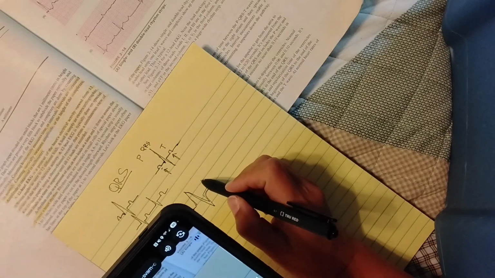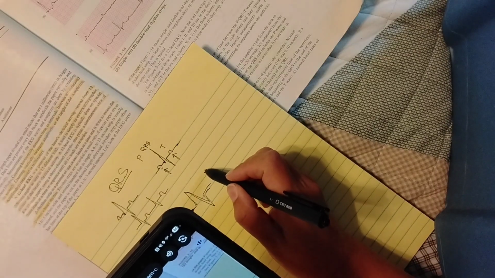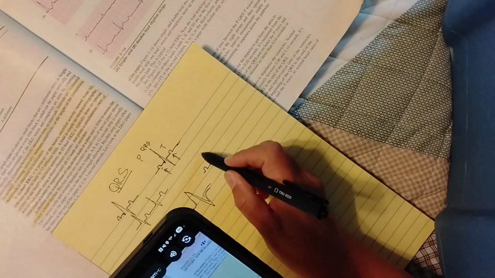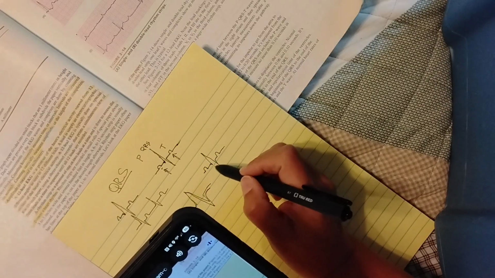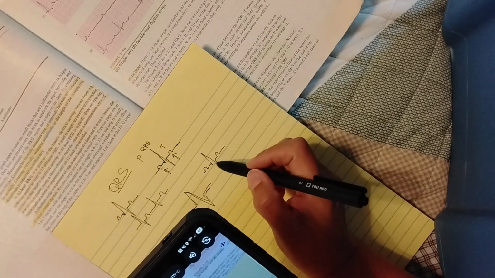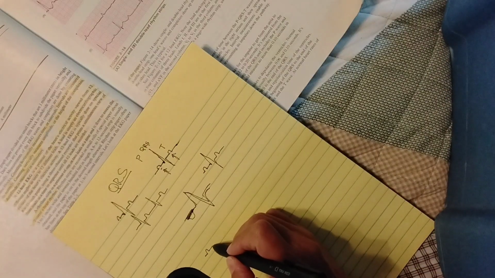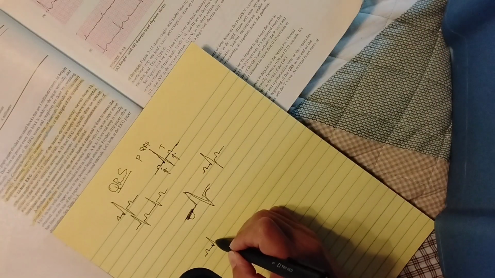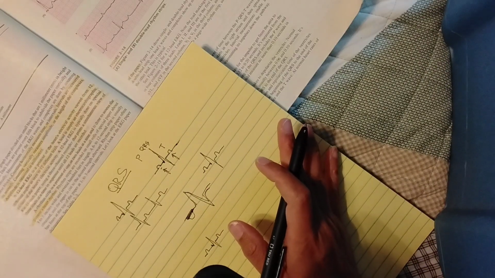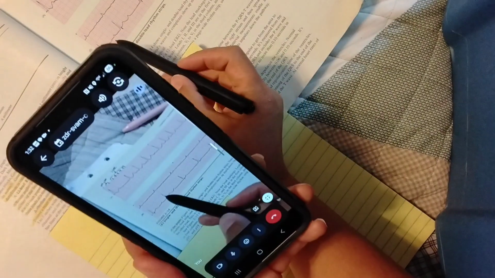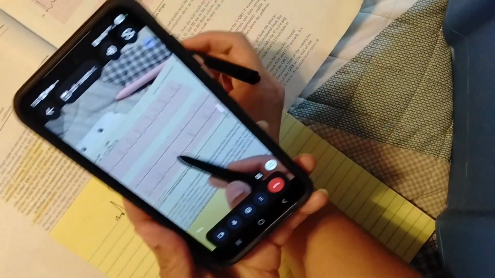Every time it's different from P, Q, R, S, and then T, if you start seeing changes, then you're gonna have to understand what each change means, okay? But for now, every patient is supposed to have a P, Q, R, S, and then a T wave. Every patient that you'll see normally is like this, and you'll start to see differences.